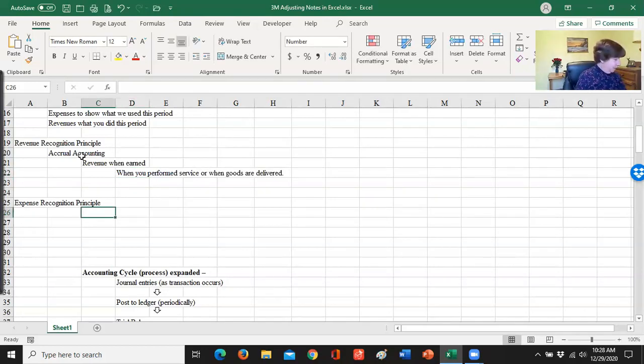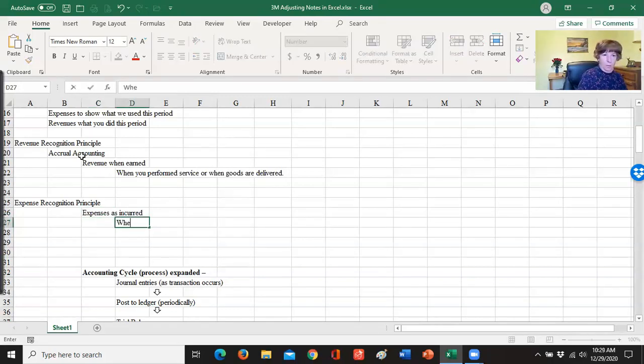For expenses, recognize the expenses as incurred. And by incurred, we mean you use it, whatever the it is. I guess the it's what should be in quotes, but when you use it. So when do I use the utilities? When do I use my employees' labor? But there's a little or.